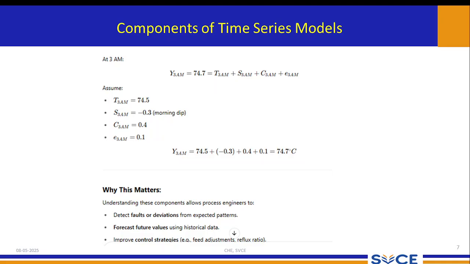So the temperature at 3 a.m. is supposed to be 74.7. Initially the trend shows 74.5 at 3 a.m., but the observed value at 3 a.m. is 74.7. Understanding these components allows process engineers to detect faults or deviations from the expected pattern.